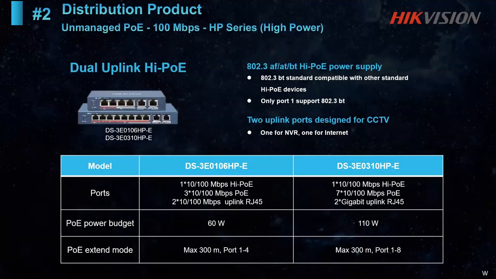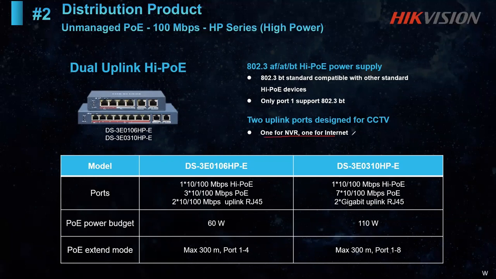Okay. Here we can see high PoE usage. I think Yasanta already informed you in the earlier slides about this high PoE. So in the distribution product lineup, there are also unmanaged PoE switches beyond the value series and pro series. There's also a high PoE series as well. Here only a single port supports these high PoE functions, and there are also two uplink ports in these switches because they are specifically designed for surveillance systems.